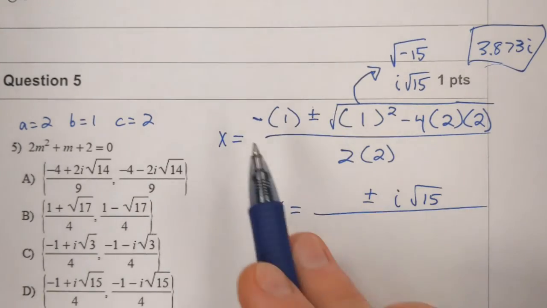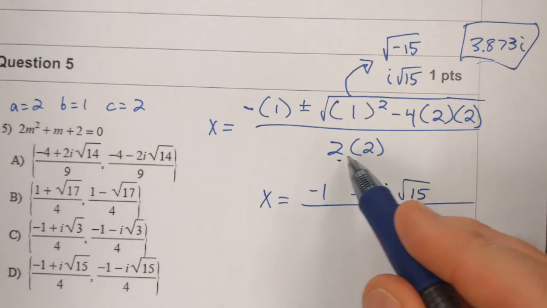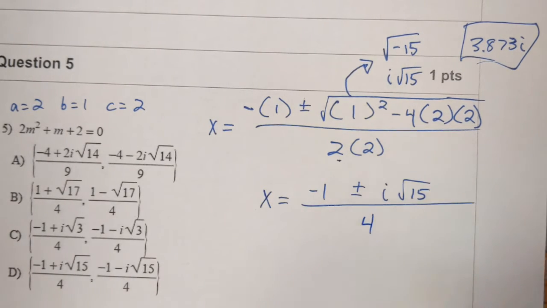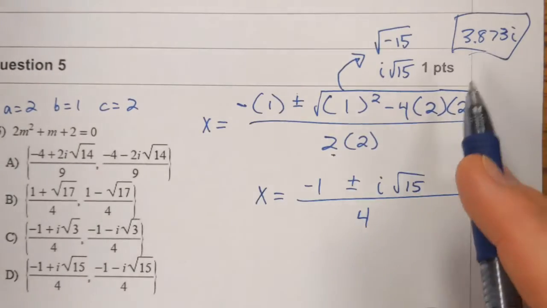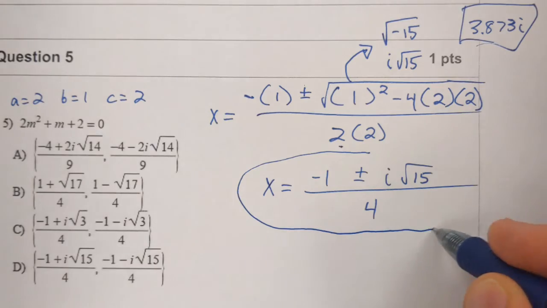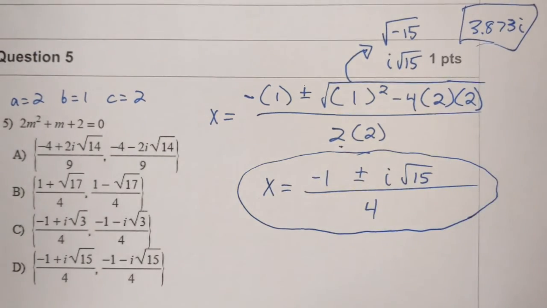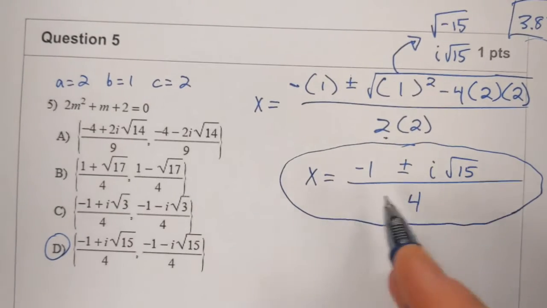All right, now let's fill out the rest of this. This is the opposite of 1. That's just a negative 1. On the bottom here, I have 2 times 2. That is 4. Now, the good news about imaginary numbers is there's actually no way to simplify this. This is as simple as your solution can get. And so I'm actually done at that point. There's no breaking it down further.